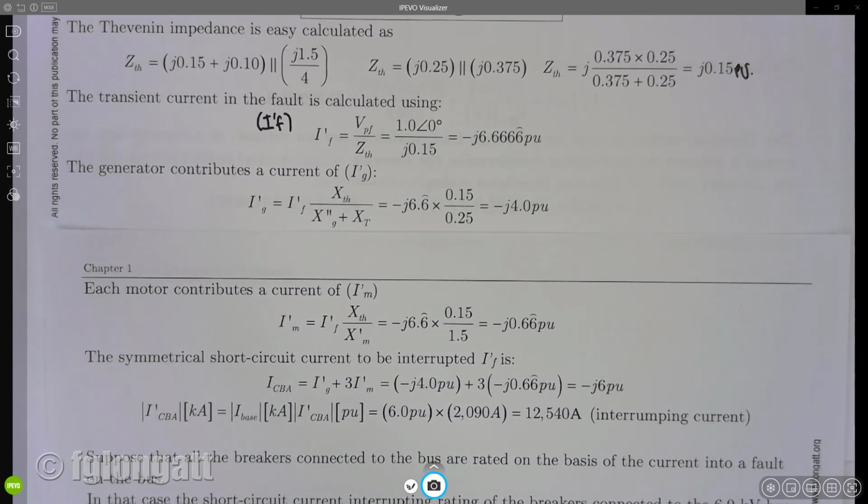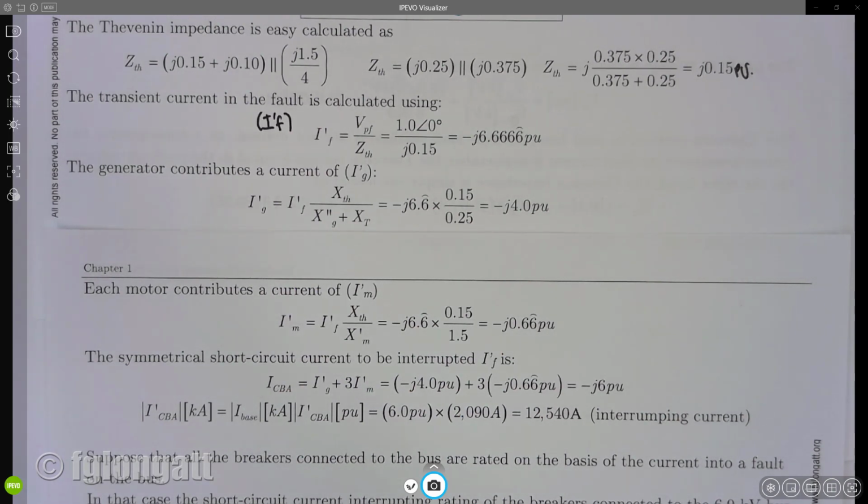If you remember the results, during the subtransient fault, each motor contributes 1 per unit current. But right now, because we are at the transient period and we are calculating the interrupting current a few cycles after the initial point of the fault, the contribution coming from those motors is reduced, and right now it's only 0.66. Okay. What is the next step?